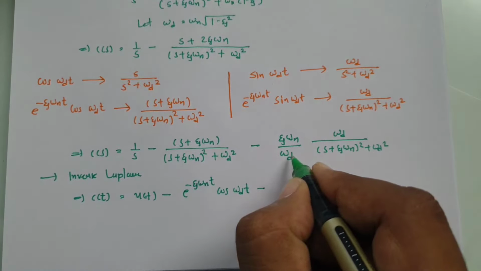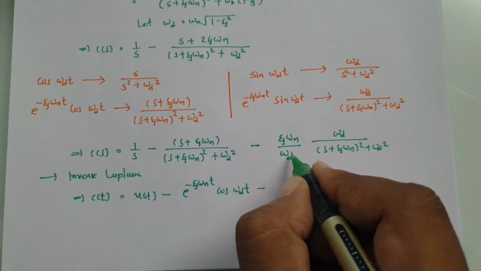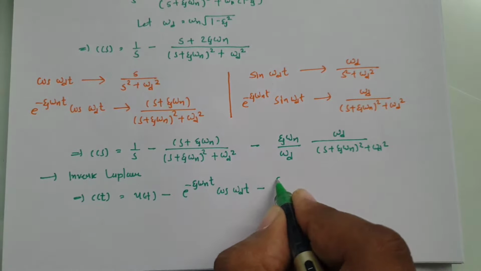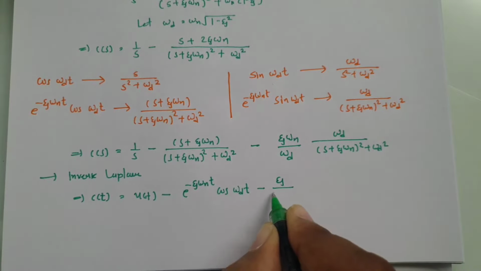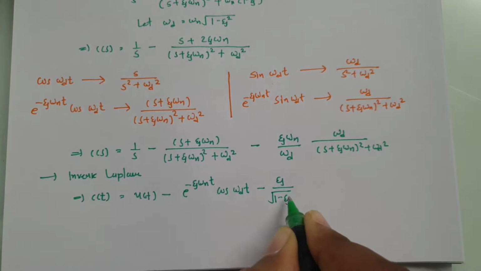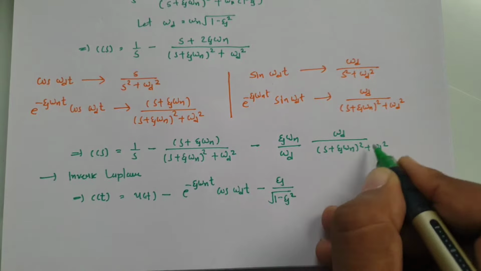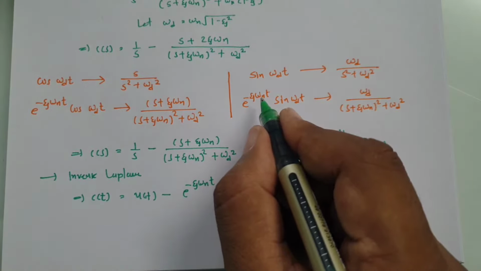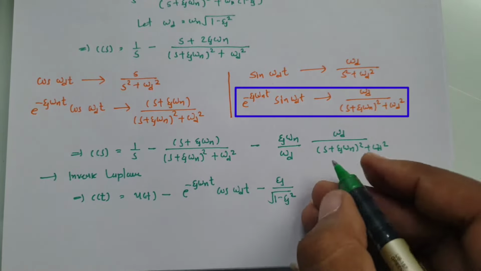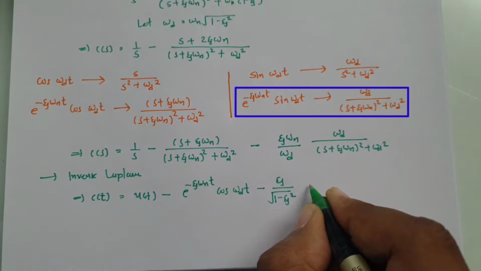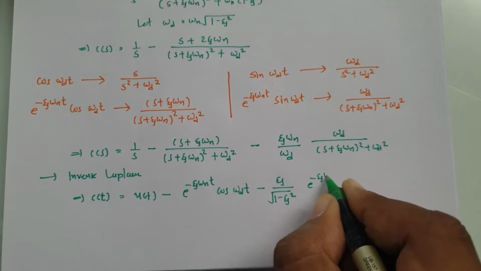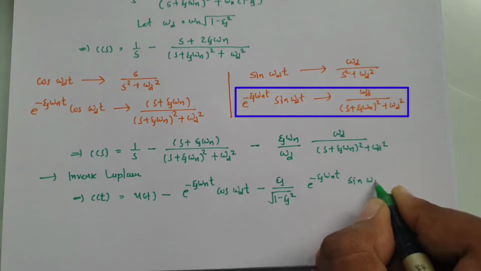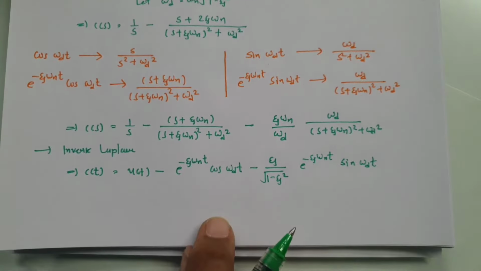So if you place omega d as omega n into square root of 1 minus zeta square, then omega n will get cancelled and this will be zeta divided by square root of 1 minus zeta square. And inverse Laplace of this is e to the power minus zeta omega n t into sine omega dt.